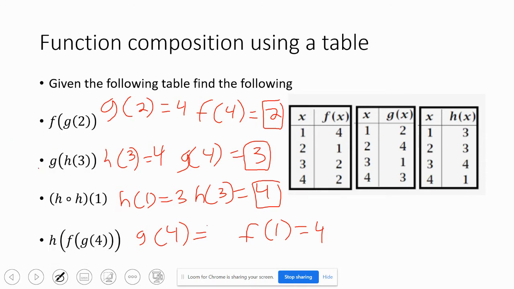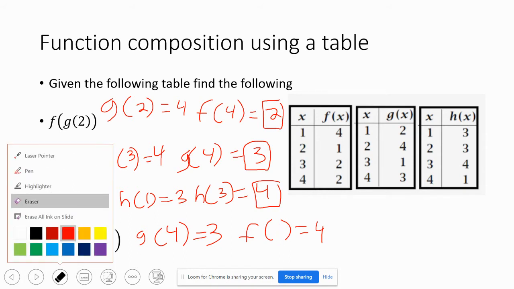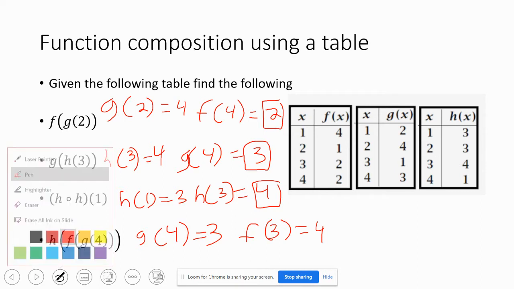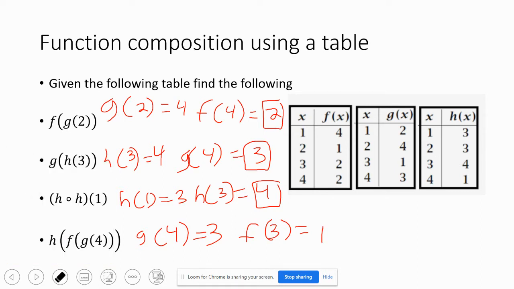G of 4 is 3. Then you put that 3 inside f. And f of 3 is 2. And then you take that 2 and put it inside h. So h of 2 will give you a final answer of 3.